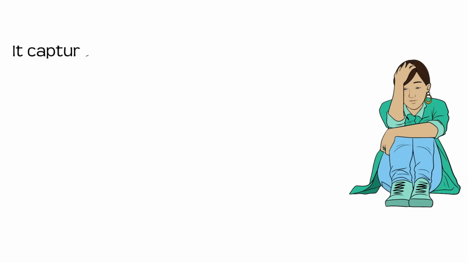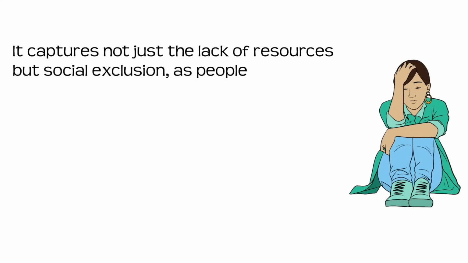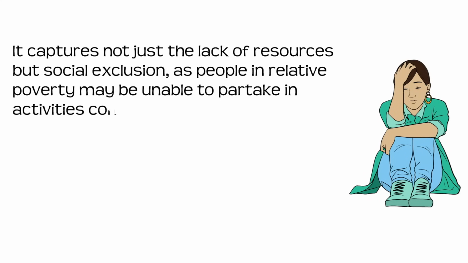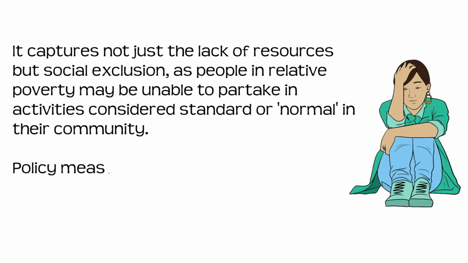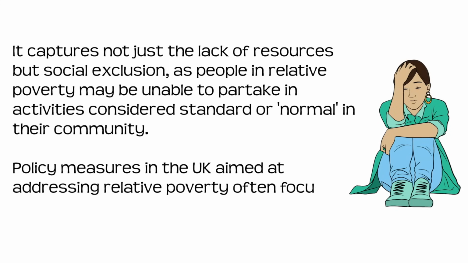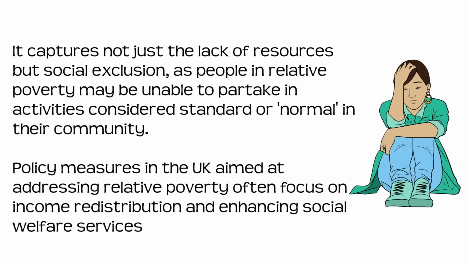It captures not just the lack of resources, but social exclusion, as people in relative poverty may be unable to partake in activities considered standard or normal in their community. Policy measures in the UK aimed at addressing relative poverty often focus on income redistribution and enhancing social welfare services.